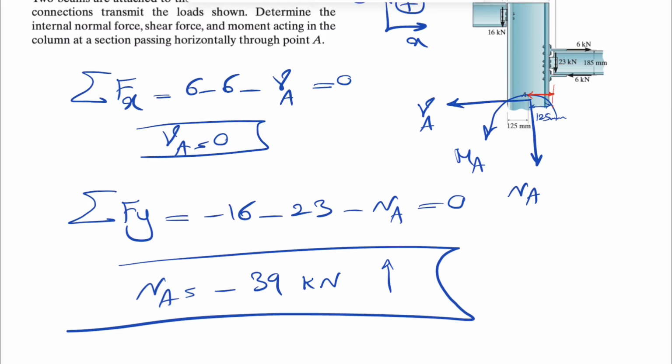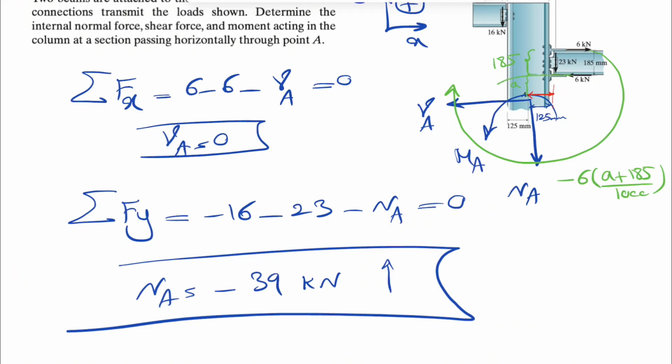All right, now let's move on to the moment of the two 6 kilonewton forces that we have. For now, we can call this distance A, and this distance is 185. The top one is in this direction, so the moment is clockwise, so negative 6 times A plus 185 divided by 1,000.